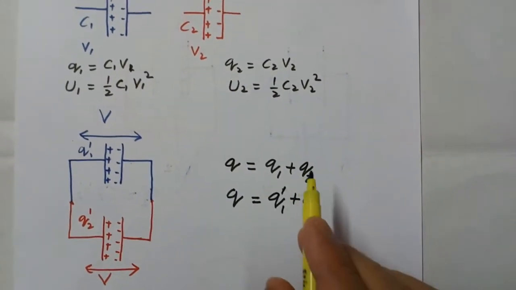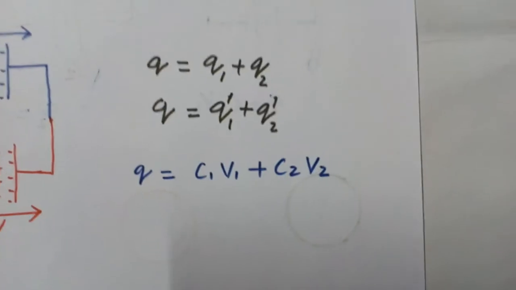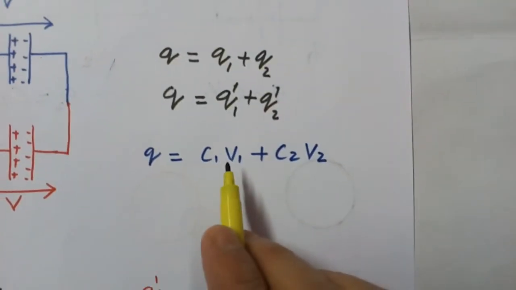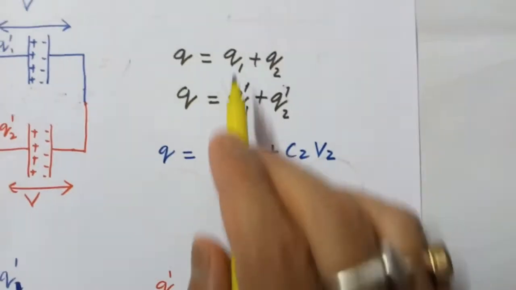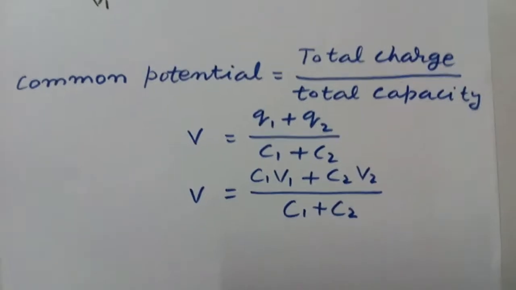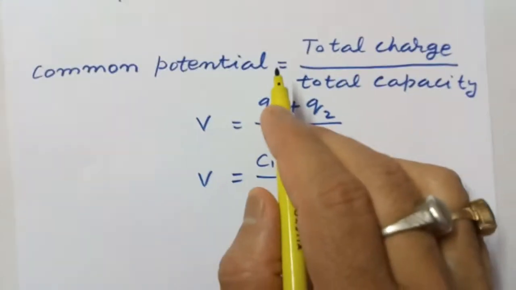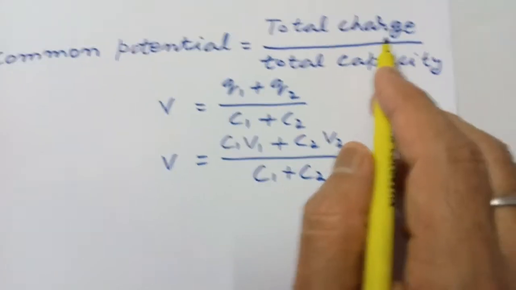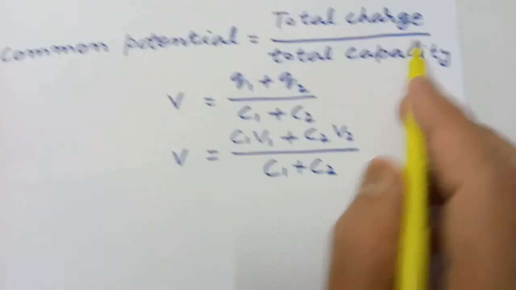Now this Q1 plus Q2 can be written as Q is equal to C1 V1 plus C2 V2, because Q1 is equal to C1 V1 and Q2 is equal to C2 V2. Now common potential is equal to total charge upon total capacity.